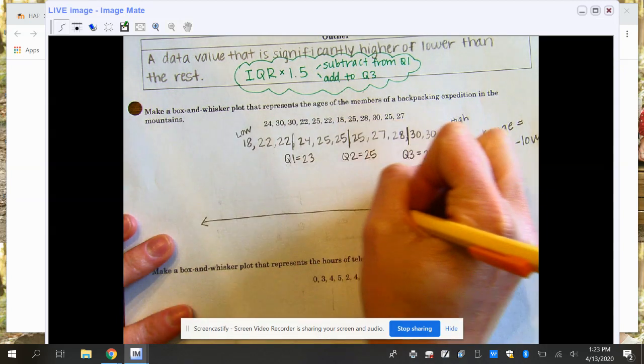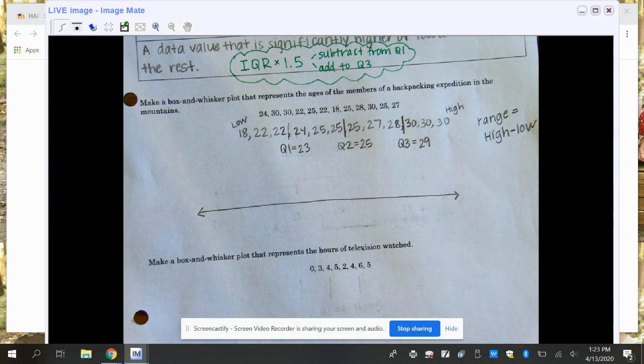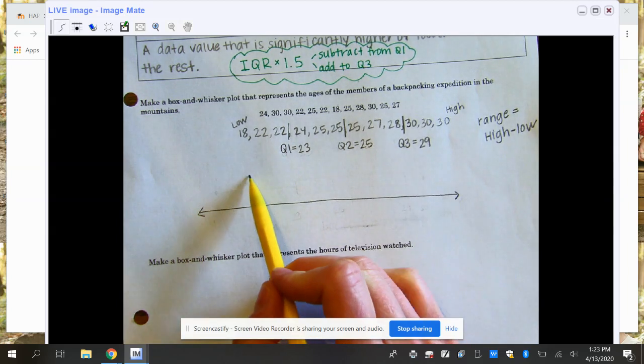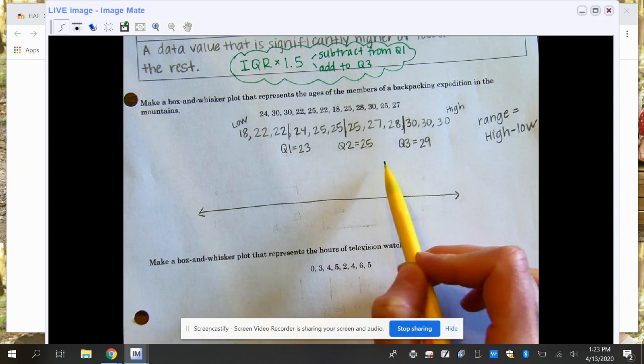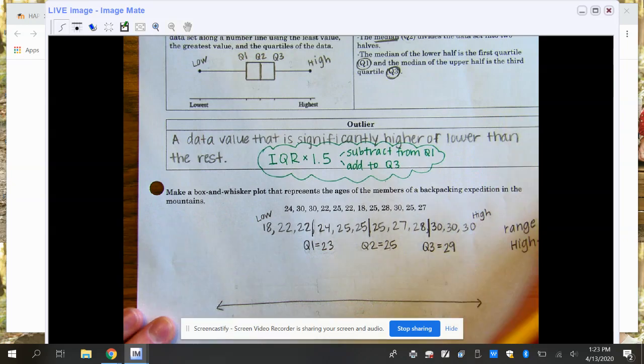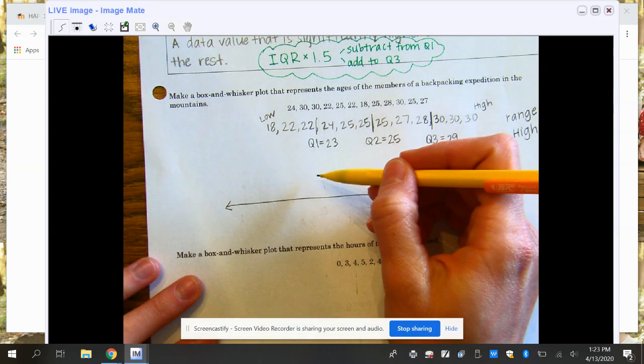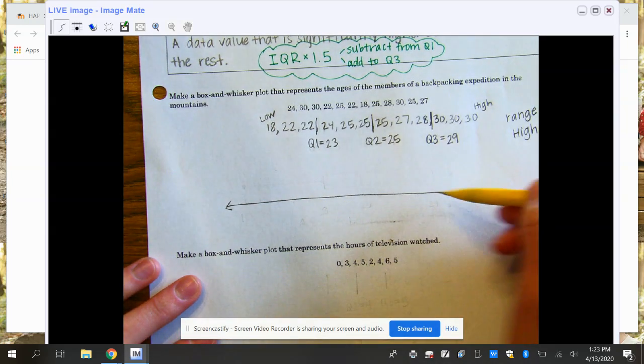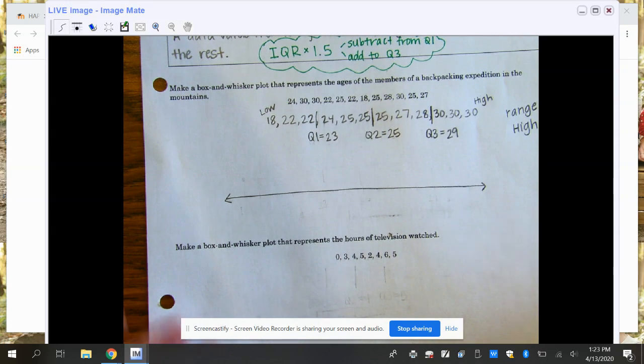If your range is bigger than that, you are free to go up by like 2 or 5 or 10, whatever you need to be. Just make sure you're always labeling your quartiles in the 5-number summary, because you're gonna have to approximate the distance between the 2 points.